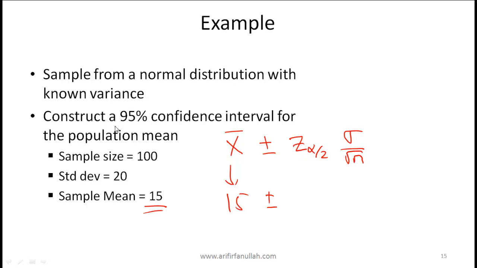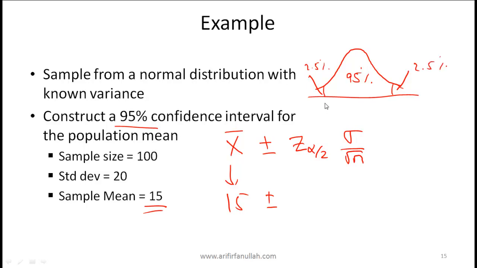Given a 95% confidence interval, this means that you have your normal distribution. 95% confidence interval means that we have 95% of the area over here, which means 2.5% here and 2.5% here. So this Z value is minus 2 approximately. It's 1.96 to be more precise, but let's just work with plus and minus 2.